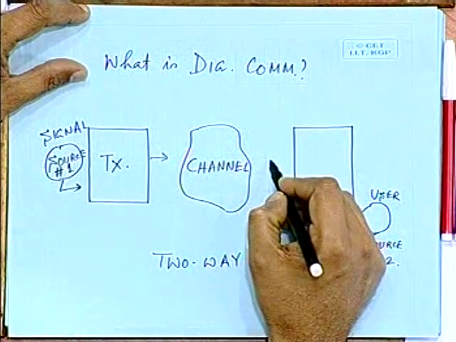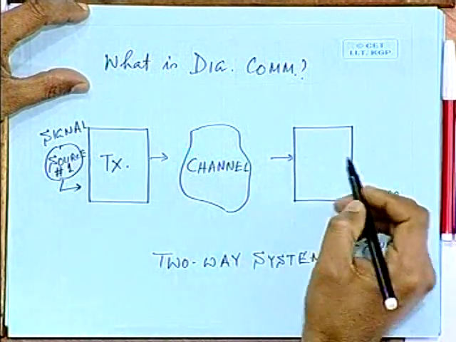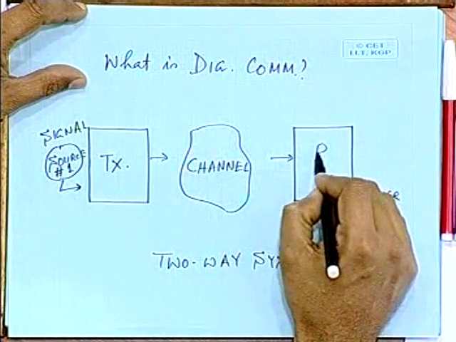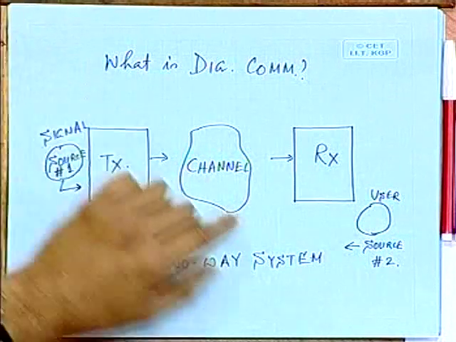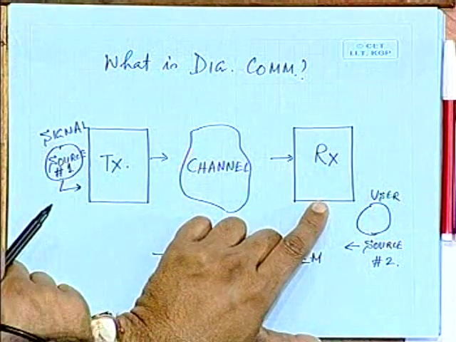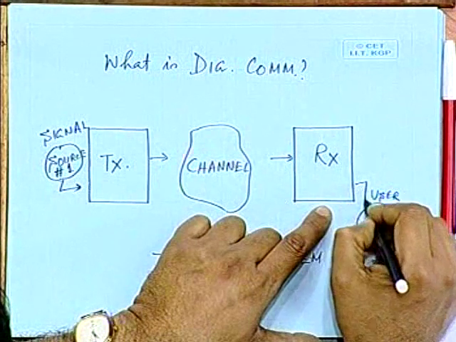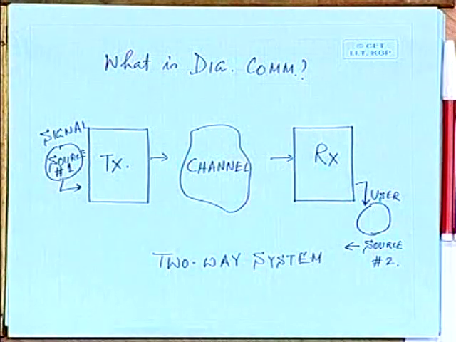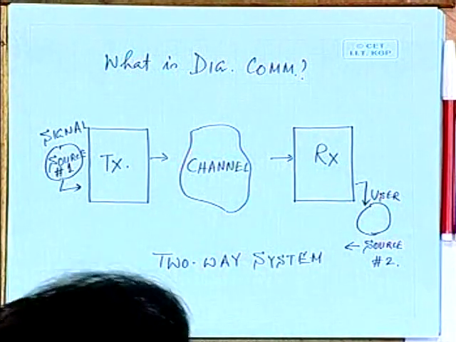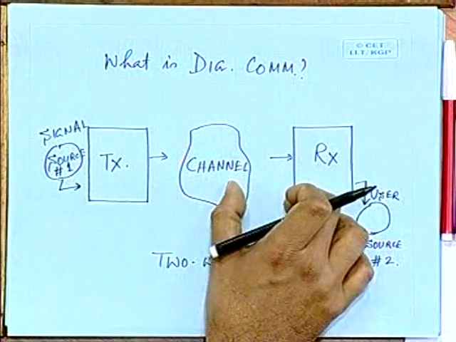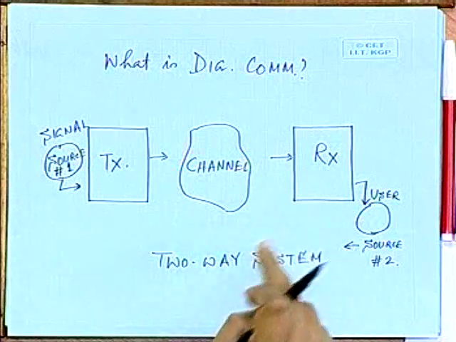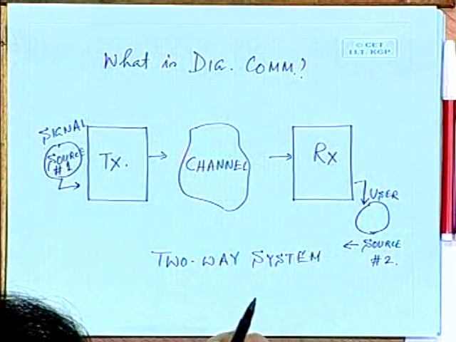And at the other end of the channel we will find another device, which let me call a receiver, Rx, which will try to get back the original signal and ultimately deliver it to the end user, the receiving user.